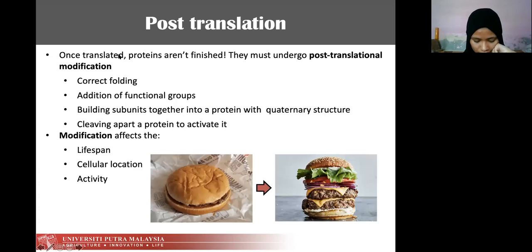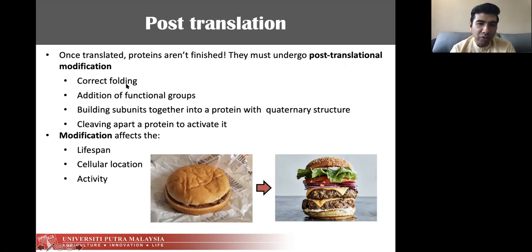Okay. Finally, once translated proteins are finished, they must undergo post-translational modification. You have to have correct folding, addition of functional groups, building subunits of protein together with connecting structures, and cleaving apart of protein. So basically, your protein comes out like a flat burger like this. It's really unappealing as it doesn't function well.